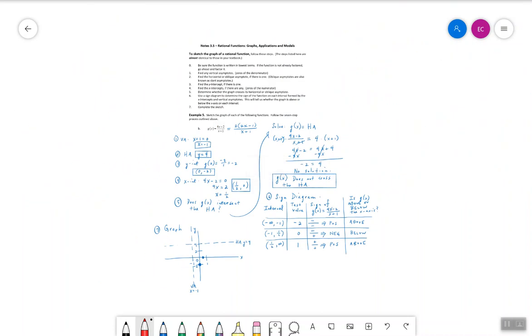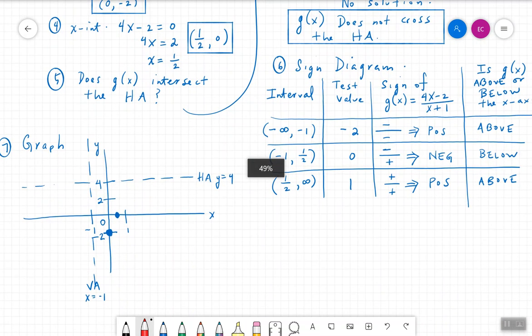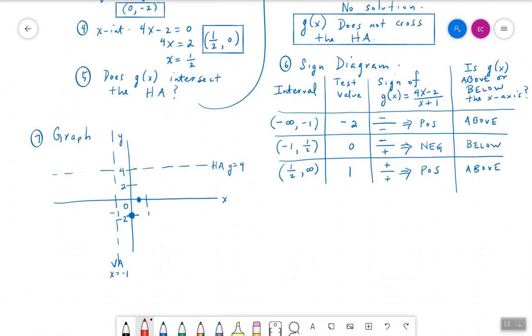And we can start fresh here. So bear with me as I work through the technology. So what we said then is that we've got to be above so that we can connect up with the arrow pointing up on the left side of the vertical asymptote. So there's how the graph starts.